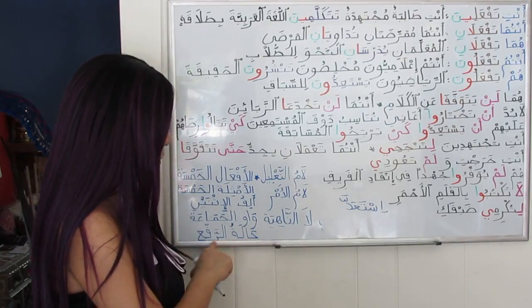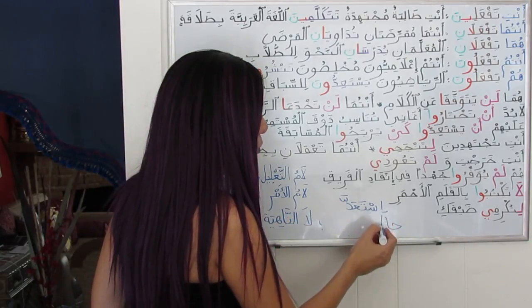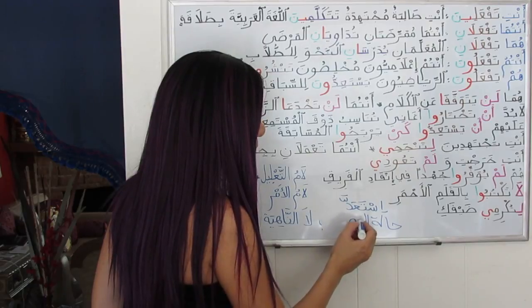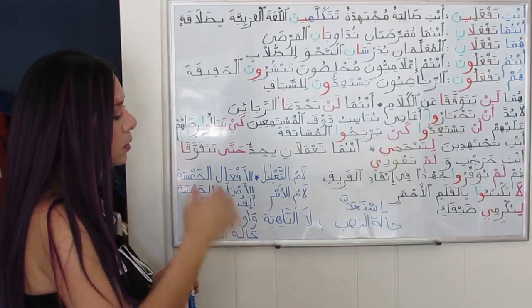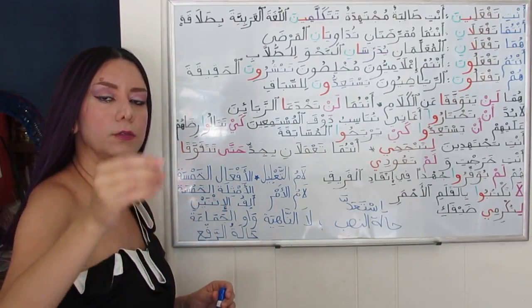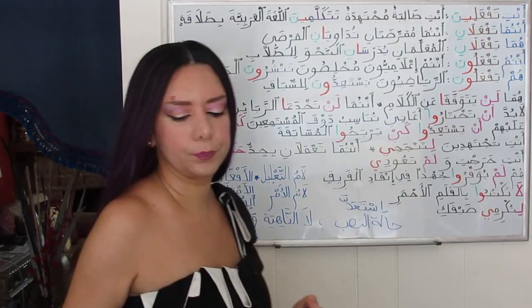It will depend on the context. Thus, the case of the five verbs preceded by all these words will be in the subjunctive, حالة النصب. So we have حالة الرفع, حالة النصب. Alright, in the accusative case. Imperfect subjunctive means in the accusative case.